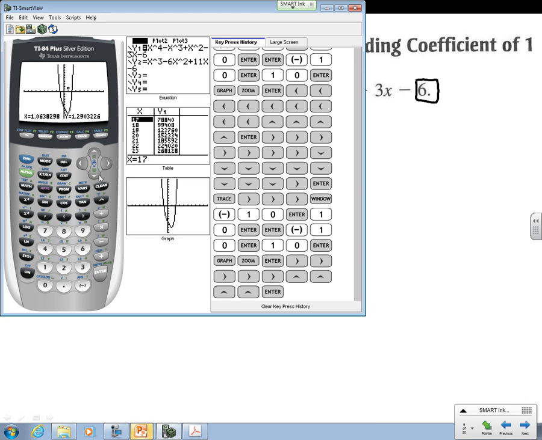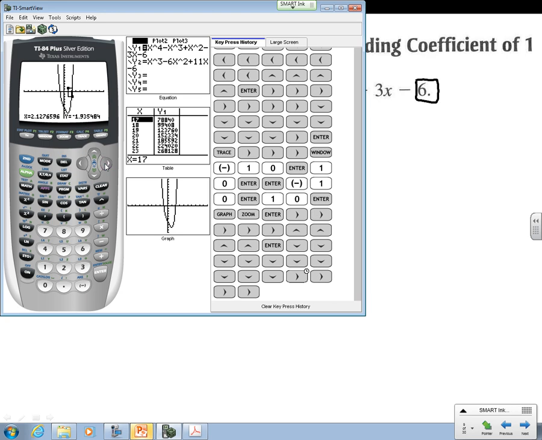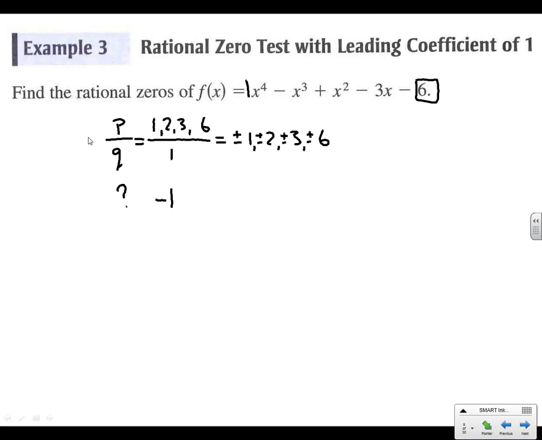So let me zoom in on this. Alright, I'm going to hit trace, and it looks like the x value is right about 2. So we'll flip back over here and say, okay, looks like 2 is our other potential option.